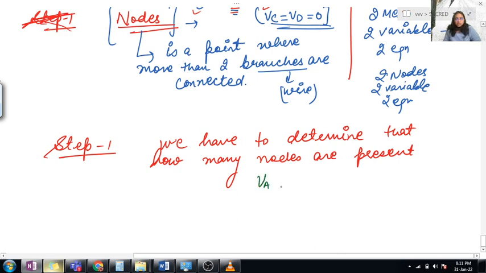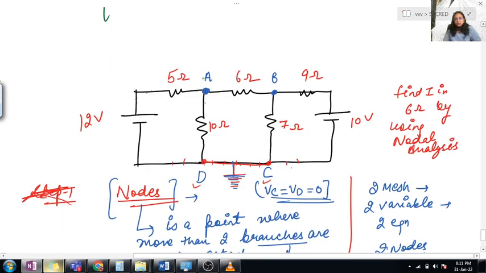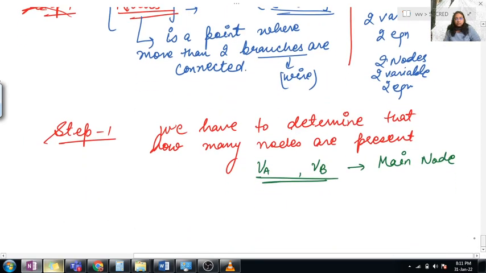One node is VA, one node is VB. These two are the main nodes, and one node is VC and one node is VD. If we have done grounding, then these are known as reference nodes. VC is equal to VD is equal to reference node.